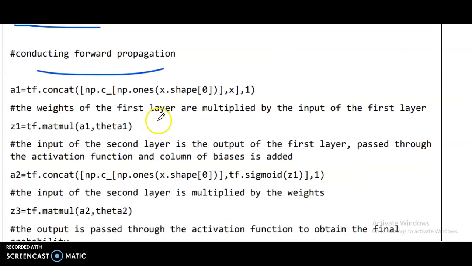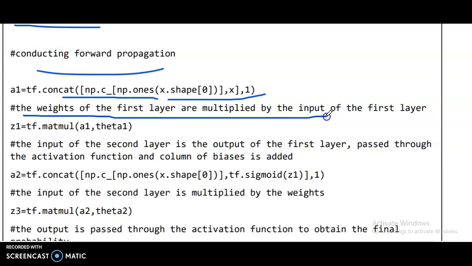Conducting forward propagation. A1: TF dot concat, np dot ones X shape of 0, X. The weights of the first layer are multiplied by the input of the first layer. Z1: TF matmul A1 theta1. The input of the second layer is the output of the first layer.